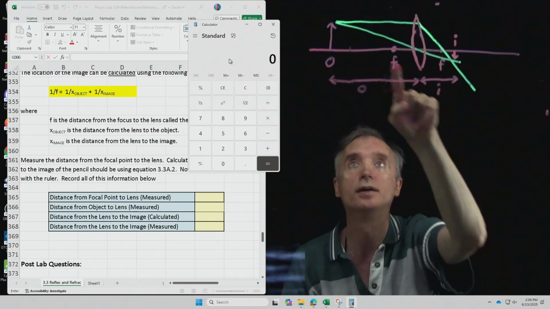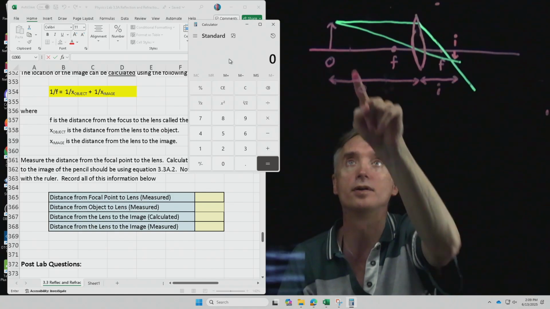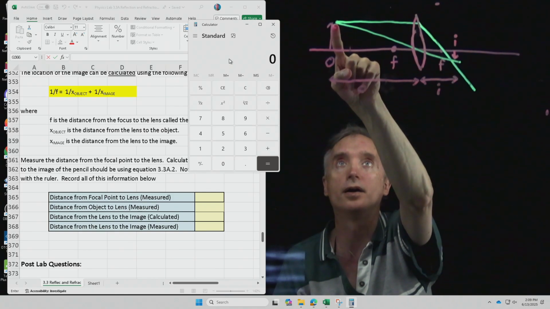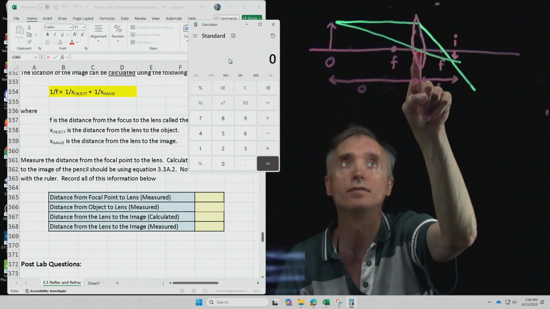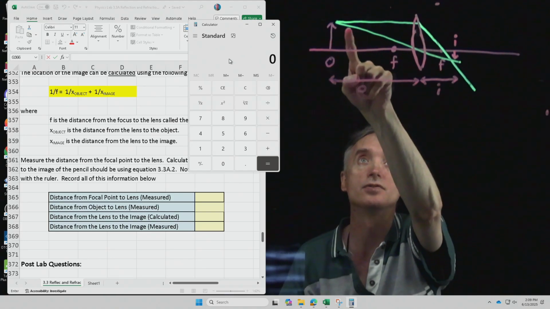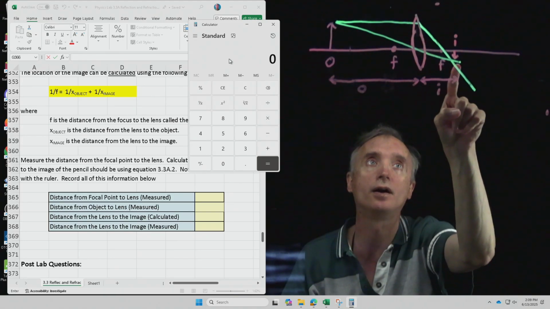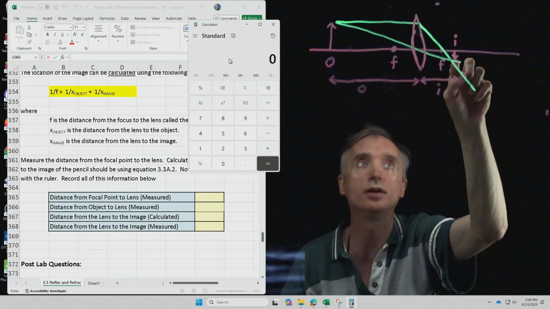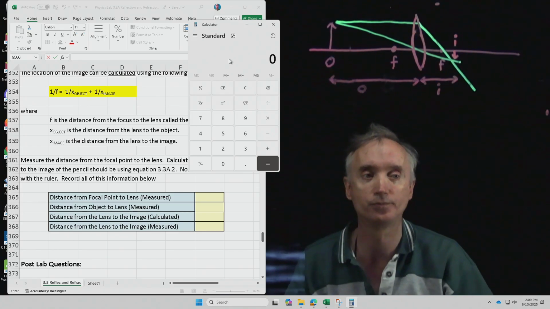The second rule was to make a line go through the center of the lens, and it doesn't change its direction. It just keeps on going in a straight line, and where those two come together, that's going to be the image.